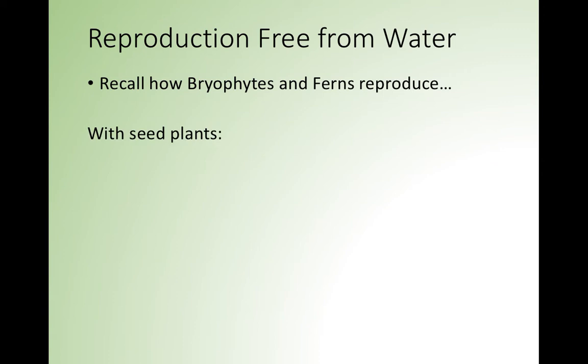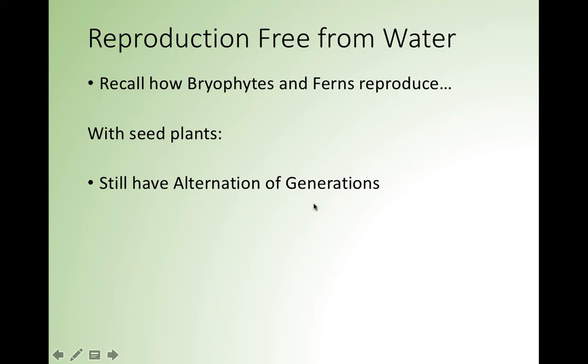for water. Okay, so with seed plants, there is still this idea of alternation of generations. Remember, that's a common trait for all plants, and that's this whole idea of being able to flip-flop throughout the lifespan of a plant. There will be some part of their life cycle where they're a sporophyte form, and some part where they're a gametophyte form.